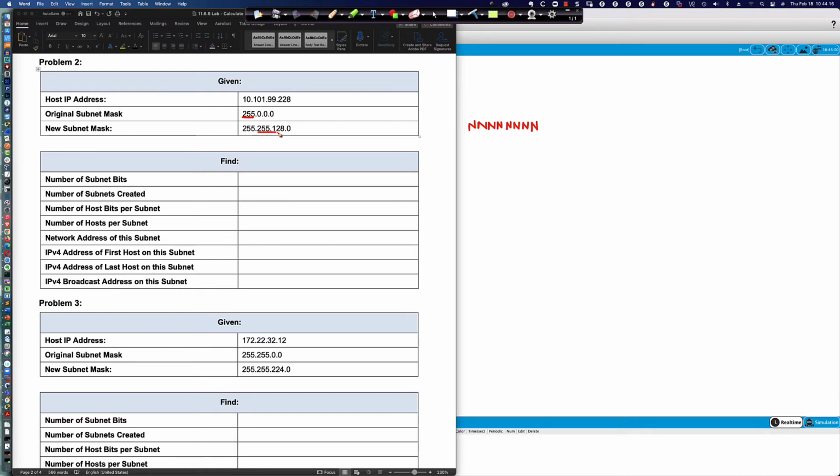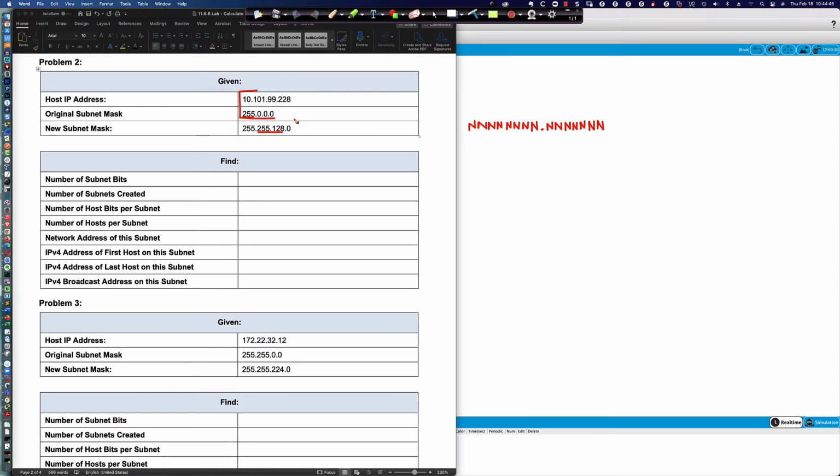we are borrowing from the host bits so that we can create additional subnets. In fact, it's going to be right around 512, or it should be 512 exactly. So if it's 255 in the second octet, we have borrowed all 8 of the bits in this octet to become network bits because we want more networks.